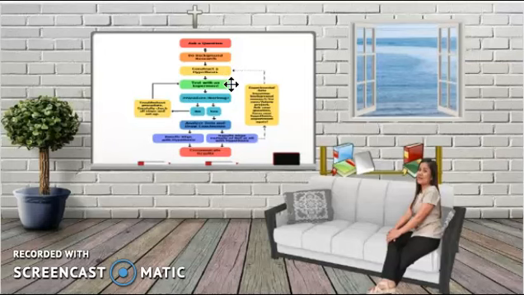Then the fourth step is testing the hypothesis with an experiment. If the procedure works, you can now analyze your data and draw conclusions. If not, just troubleshoot the procedure and go back to testing with the experiment. After which you communicate your results.